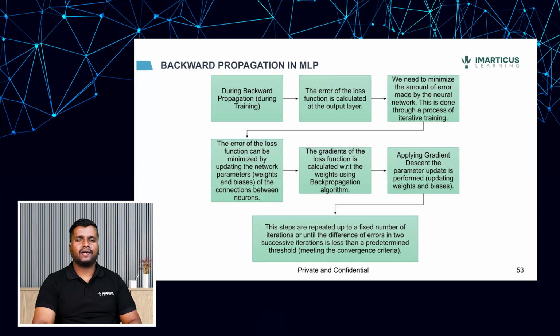So we can keep a threshold below which we accept that level of convergence at that particular point. In back propagation, this happens iteratively to adjust the weights in such a way that the gradients or the errors are minimized.